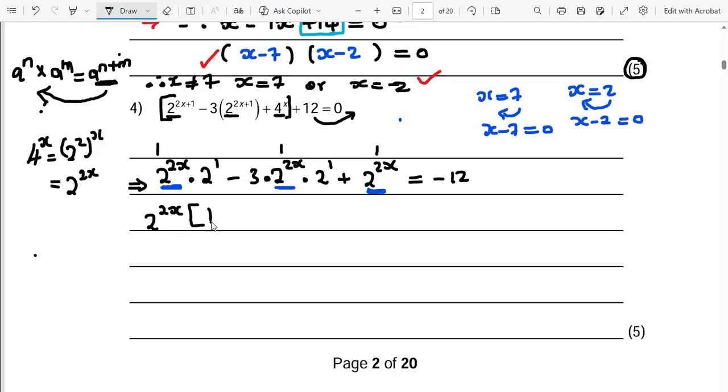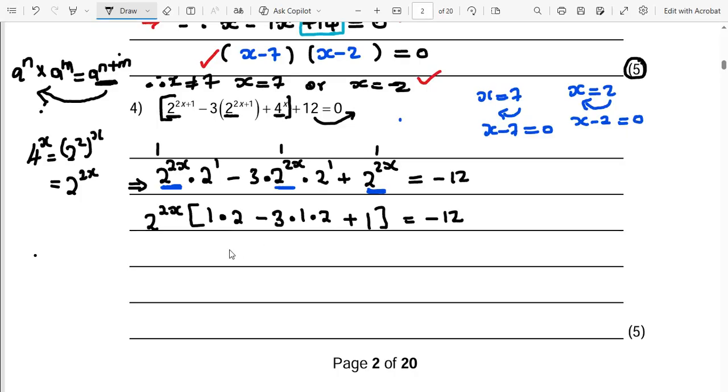We are left with 1 multiplied by 2 minus 3 times, where there's 2 to the power 2x, you replace by 1 times 2, then plus 2 to the x, taken out as a common factor, replaced by 1. Then this will be minus 12. So now you see that inside the bracket, these are like terms.